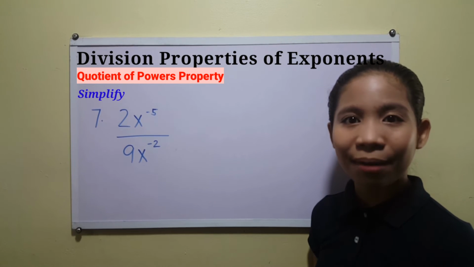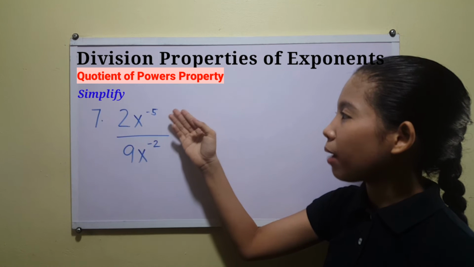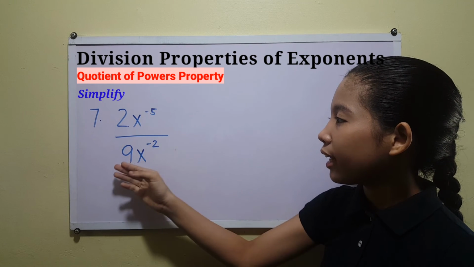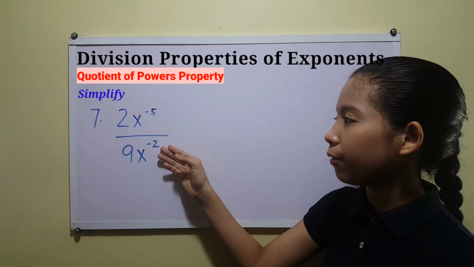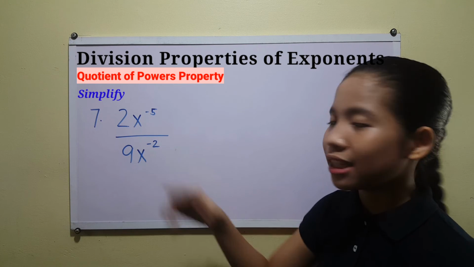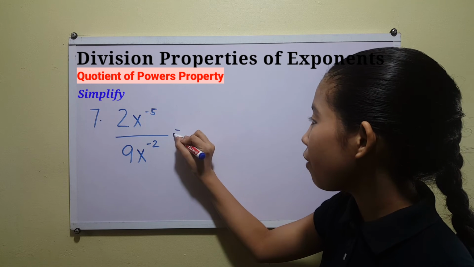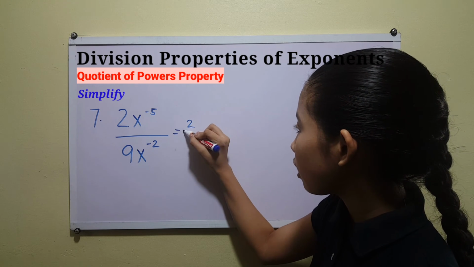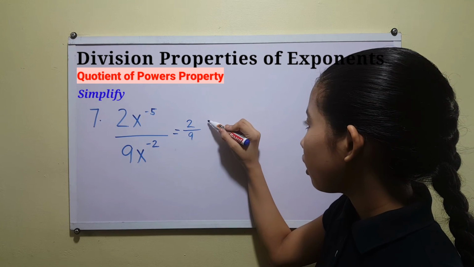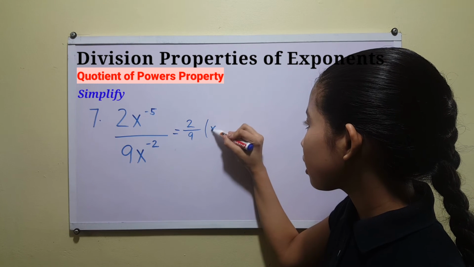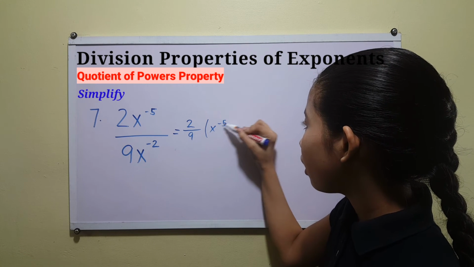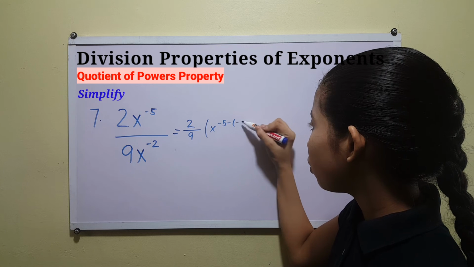For our last example, we have 2x to the power of negative 5 divided by 9x to the power of negative 2. Since 2/9 is already in its simplest form, all we have to do is copy. So we have 2/9 times x to the power of negative 5 minus negative 2.